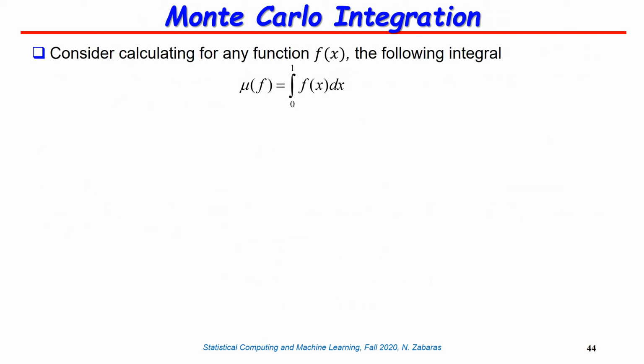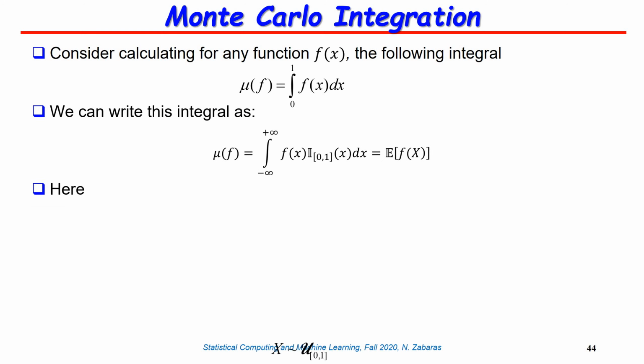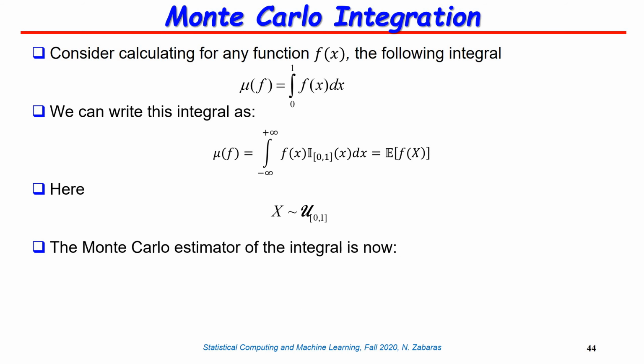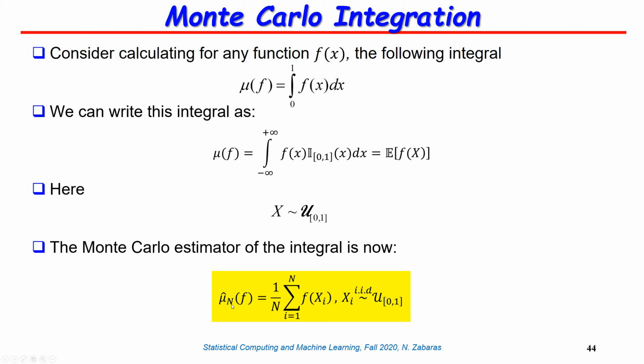Okay, so let's revisit this so we can get some numerical results for this integral. We're interested in this estimator mu of f, which is the integral from 0 to 1 of f of x dx. And we said our approximator will be defined by taking samples from the uniform distribution in the interval 0 to 1. And this is our Monte Carlo approximator after n samples from the uniform distribution, denoted here as m hat subscript n of f.